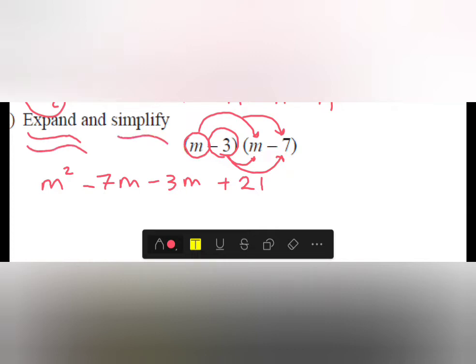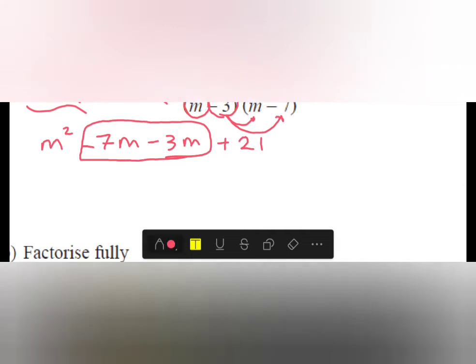Now we're going to talk about the simplifying part. Simplifying means take the like terms and add them and subtract them together. Now here is the only like terms that we have. So we write the rest of the expression, so m squared like it is. And then negative 7m, negative 3m, they have the same sign, so I'm going to put the same sign and add them together.